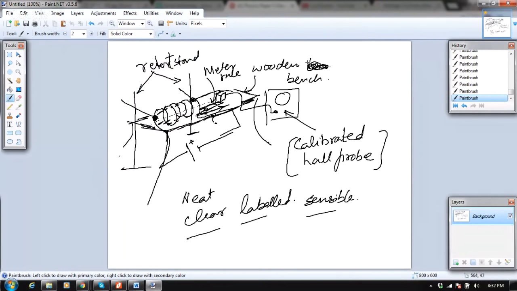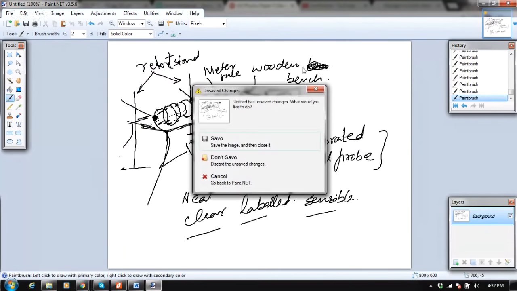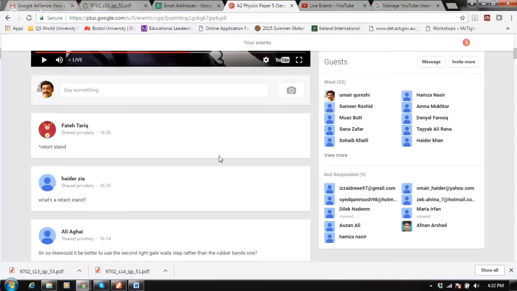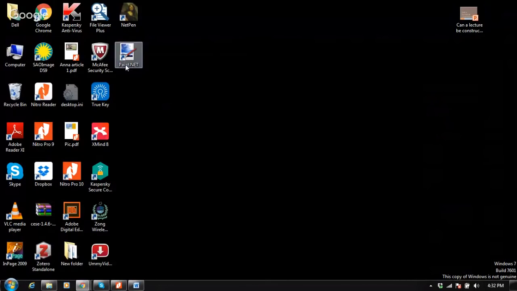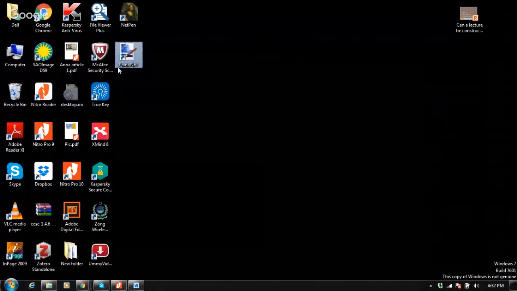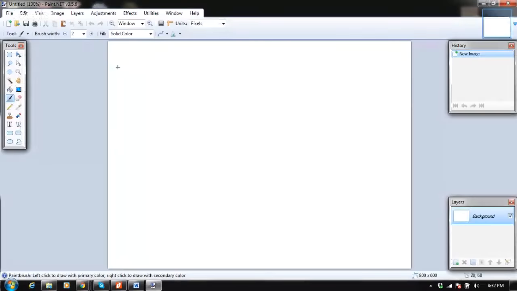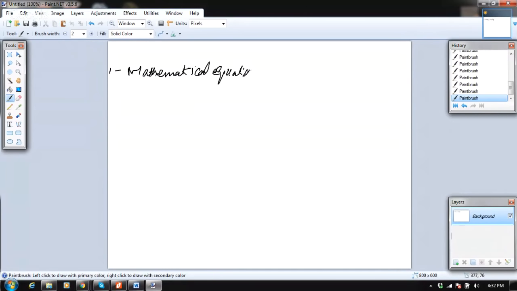So in today's session, what we discussed actually, let me highlight all the points. We discussed, number one, the major mathematical equations that we are going to use, like the log functions and all.